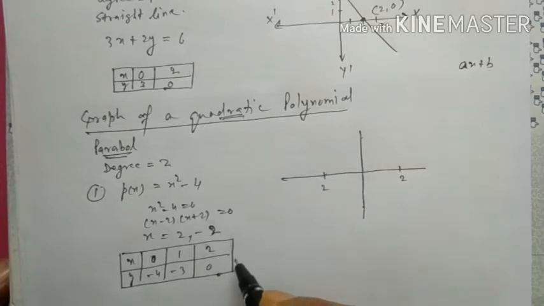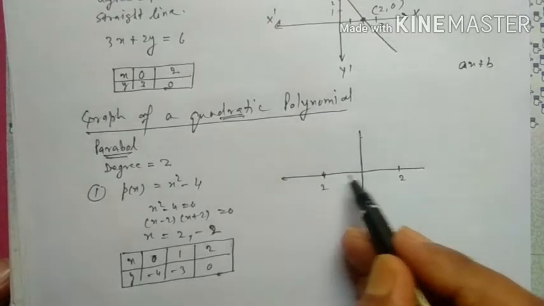We see that these 2 points are the zeros.